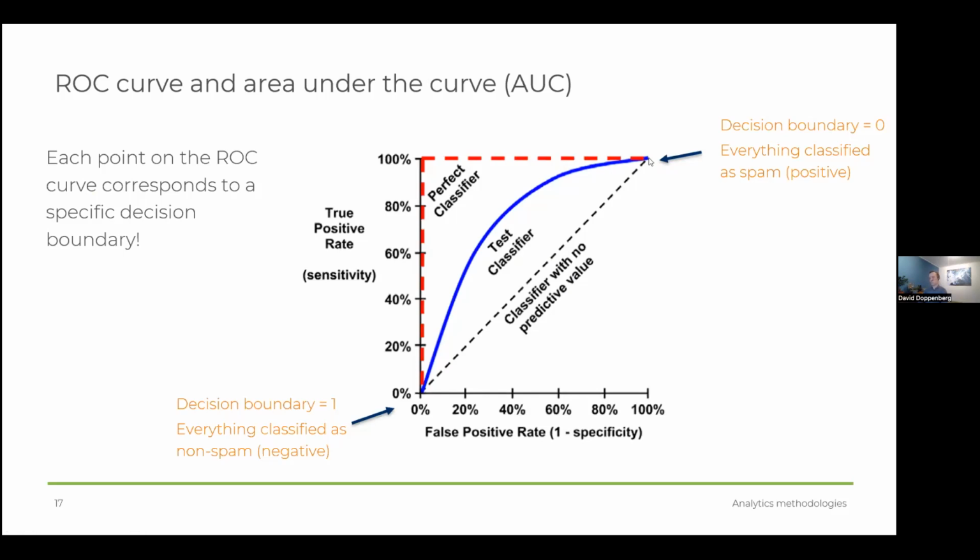And on the contrary, the 0, 0 point here on the graph corresponds to a decision boundary of 1, because in this case everything is classified as non-spam, and that's also what we saw on the previous confusion matrices. So all the points in between are values that are in between 0 and 1 for the decision boundary.